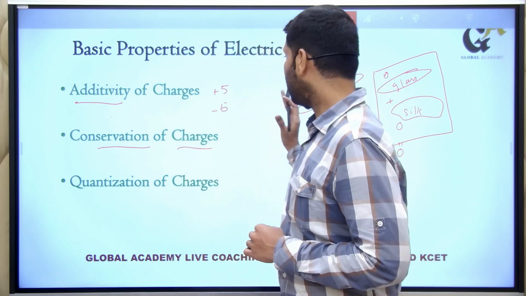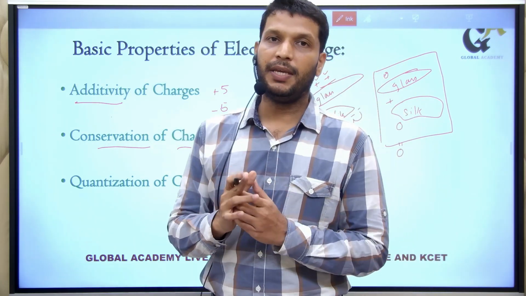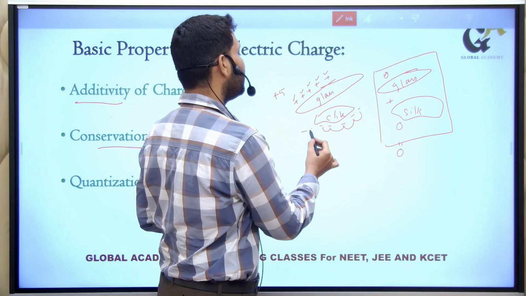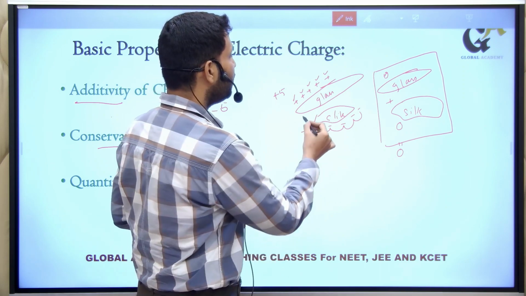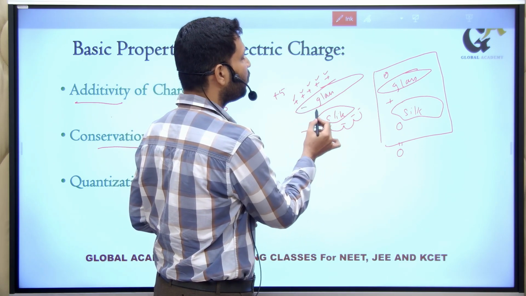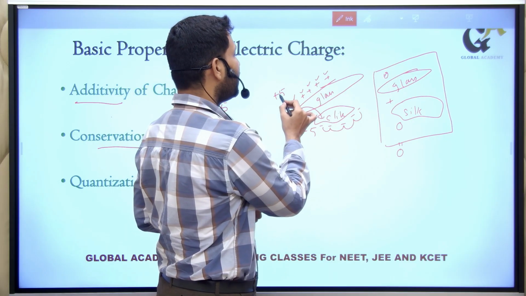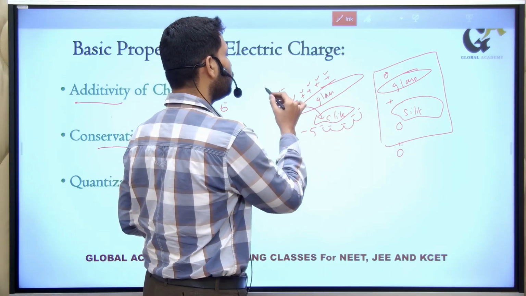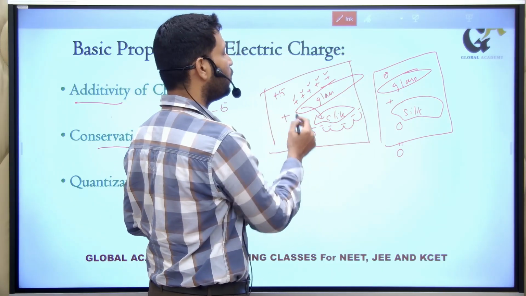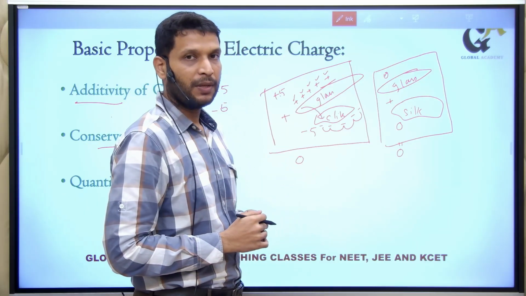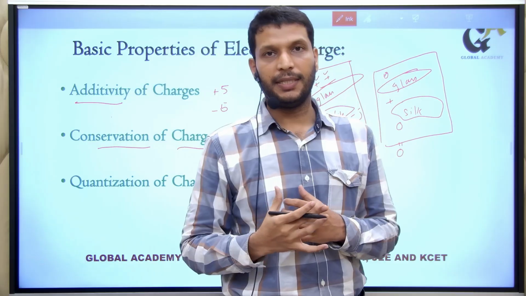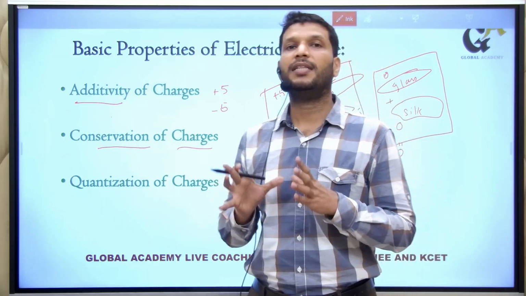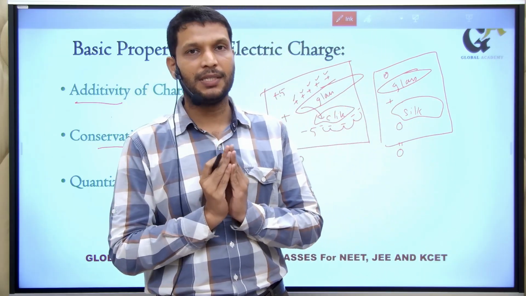After rubbing, the glass gets plus 5 charges and the silk gets minus 5 charges, which means these charges arise because of transfer. When one body gets plus 5, the other body gets minus 5. Adding these two, the total charge of the system is 0 only. Therefore you are not creating charges, but transferring charges from one body to another, such that the total charge of the whole system is always conserved.